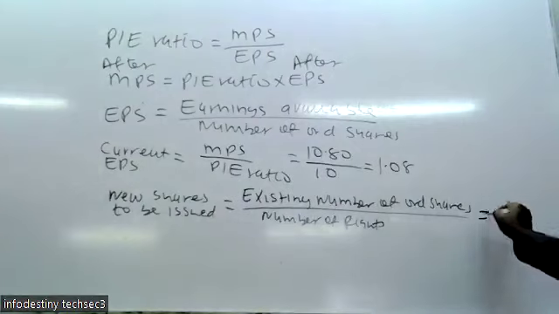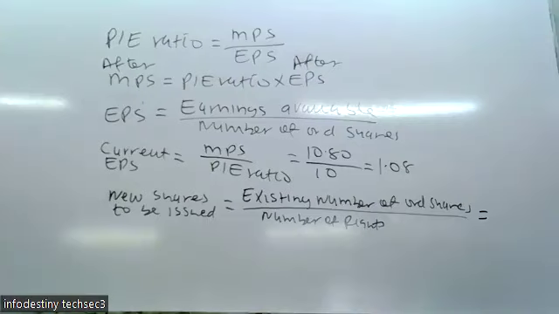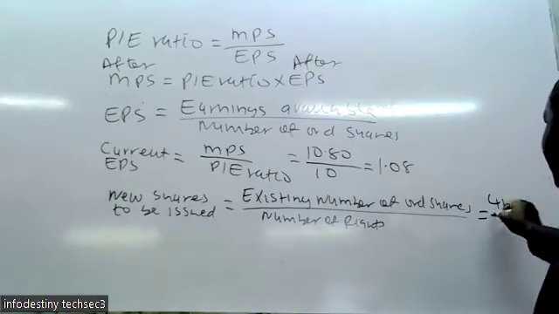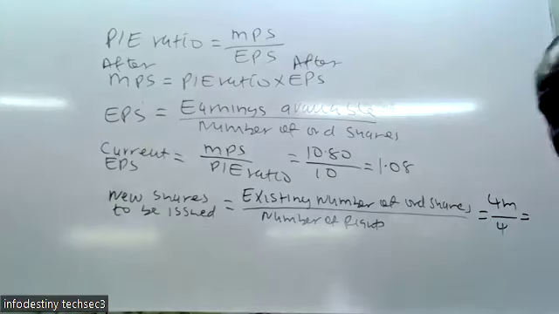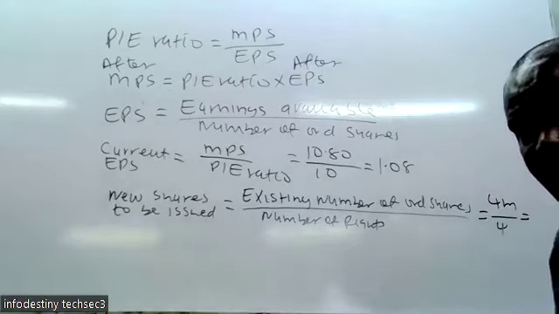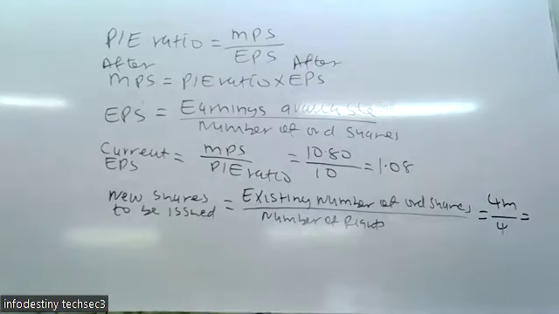The question had given us the existing number of ordinary shares: 4 million. The number of the rights is 4. When you do that, we end up getting 1 million. Those are now the new shares to be issued.